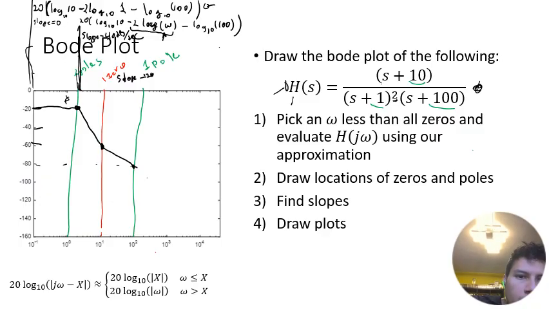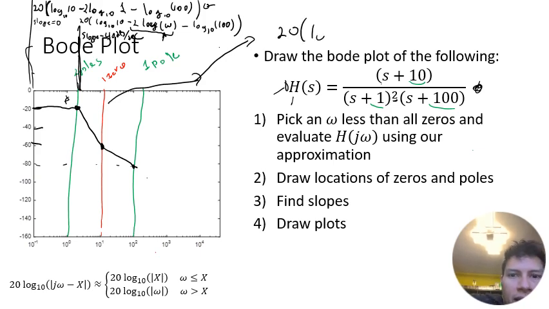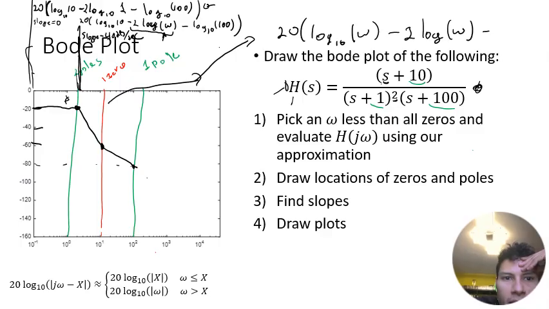Now I'm going to draw the expression just to solidify this. Here the approximation would be 20 log base 10 of, in this region, the omega factor is bigger for the first term because it's bigger than 10, minus 2 times log base 10 of omega, minus log base 10 of 100.